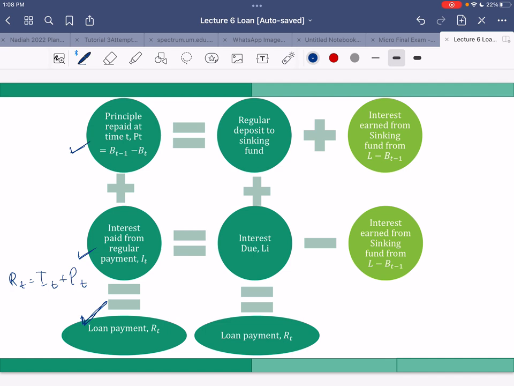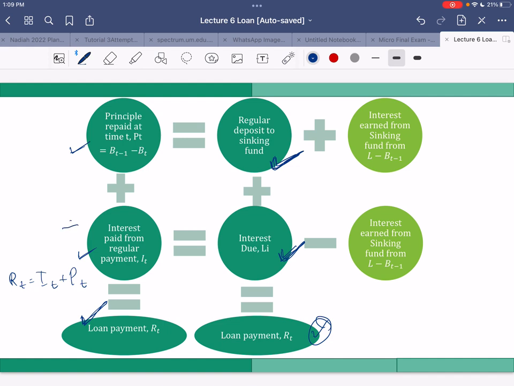We can also look at it in terms of the regular payment being equal to the interest due plus the regular deposit to the sinking fund. So your payment will pay off the interest due, and the remaining will be put as a deposit to the sinking fund.